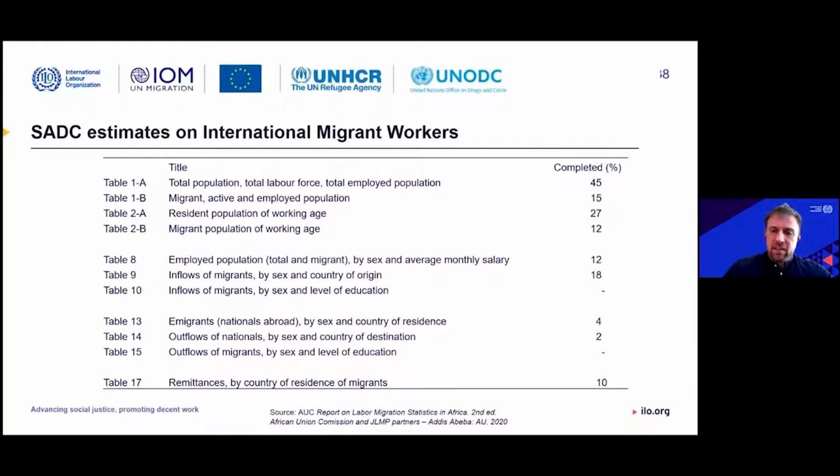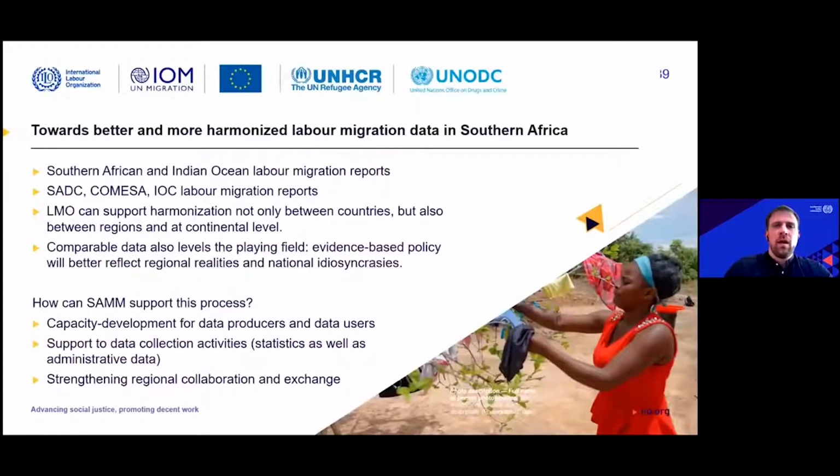And having said that, I'd like to come back a little bit to some of the more technical implementation side and not just focus on data themselves. Looking at how to work towards better and more harmonized labor migration data in Southern Africa, and particularly how the SAMM project can support this process. So we can think about regional labor migration reports.